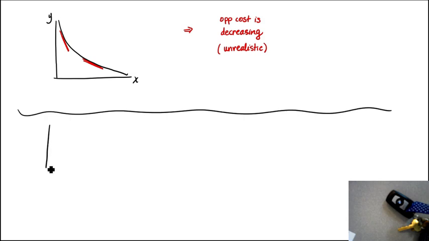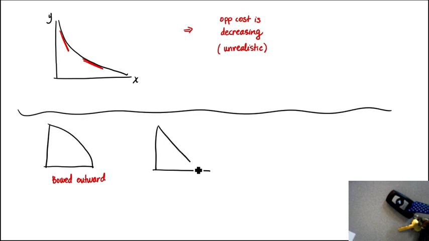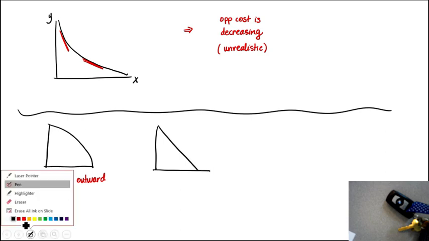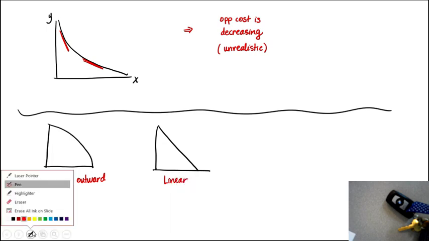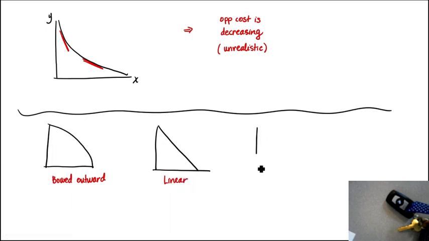So let's call this shape bowed outward. We're going to call this shape right here linear. And we're going to call this shape right here bowed inward.